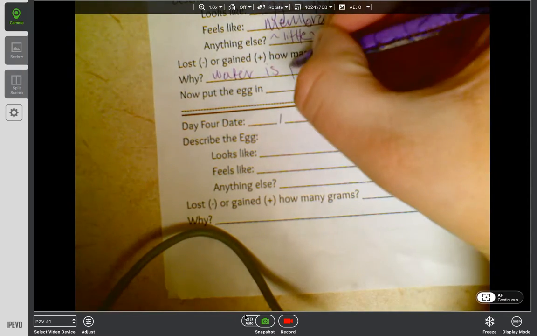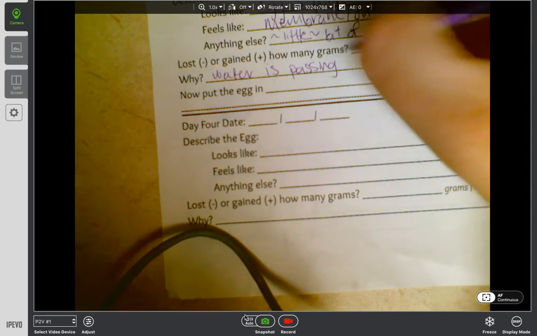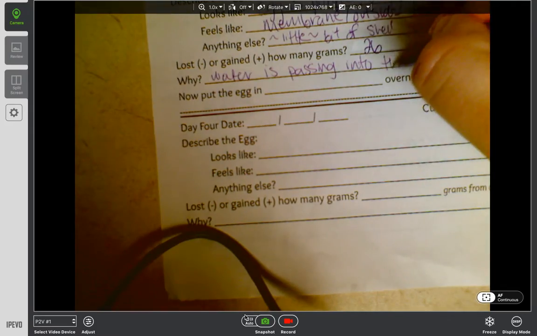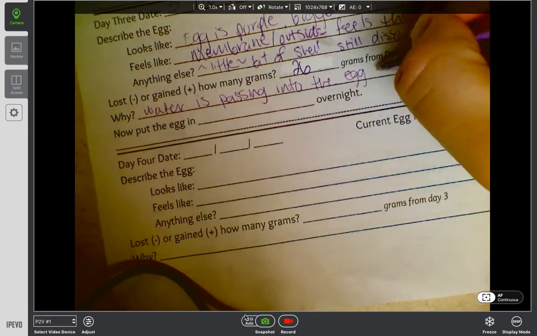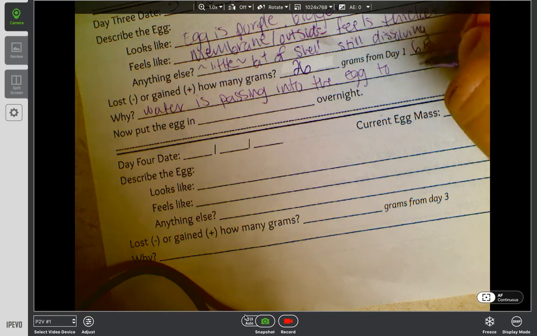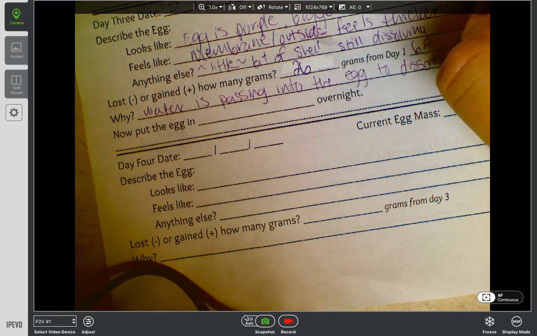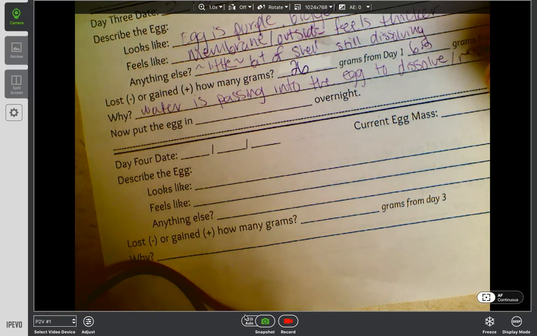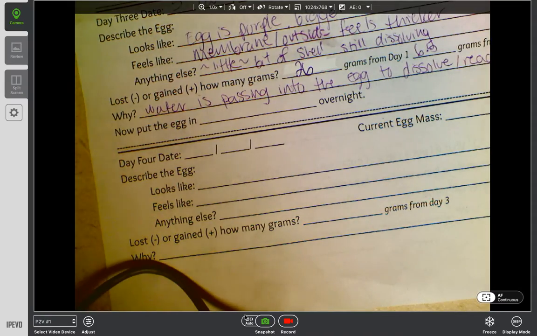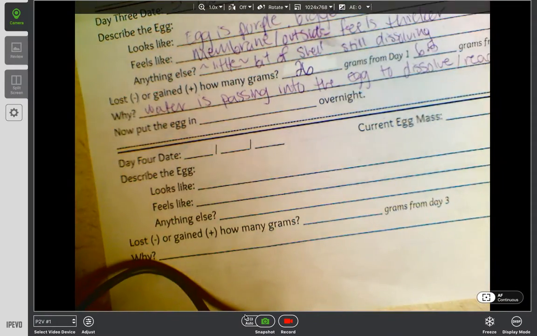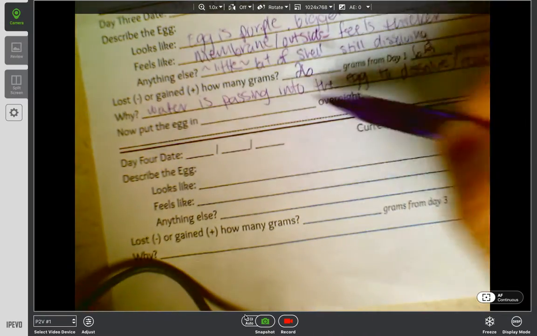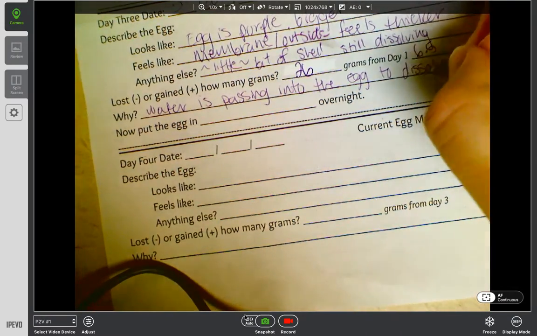So water is passing into the egg to reach, there's a big word, equilibrium. It wants to be the same concentration on the inside and the outside. So water passing into the egg to dissolve.